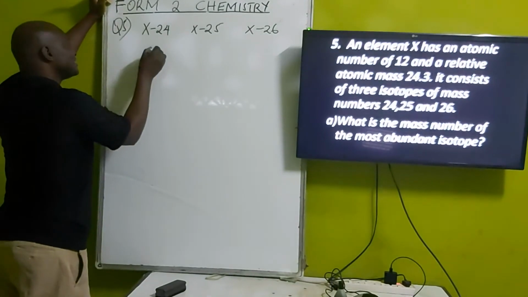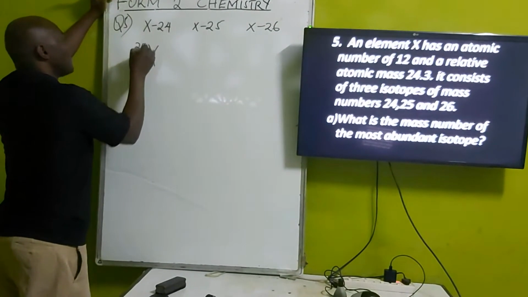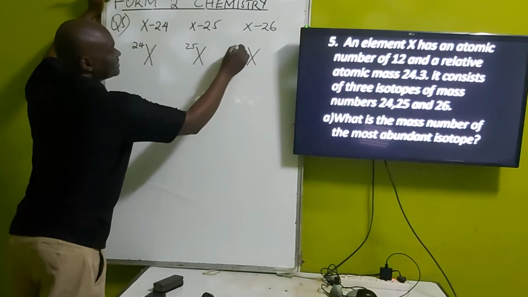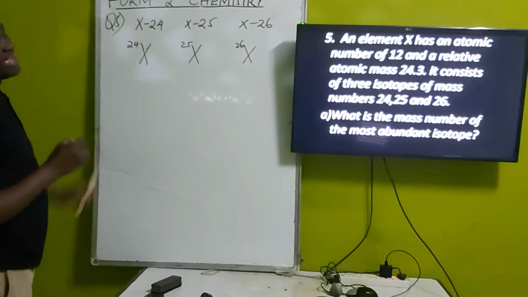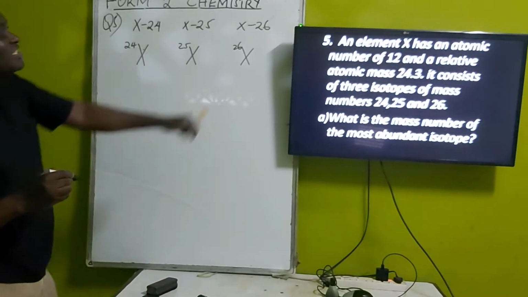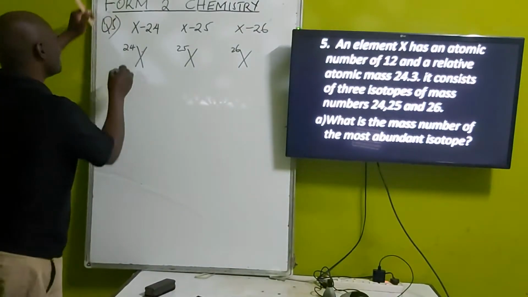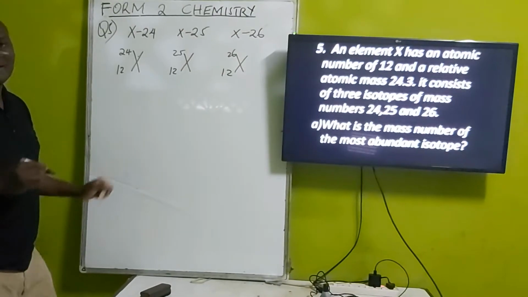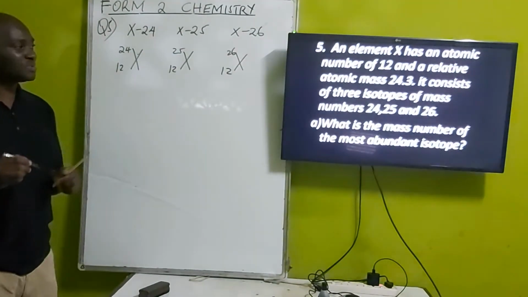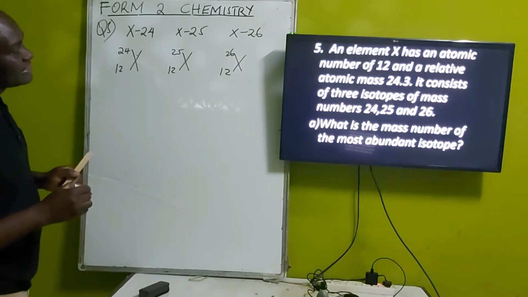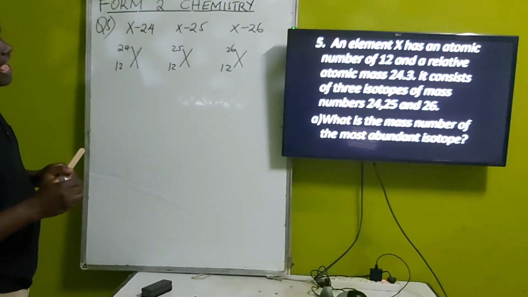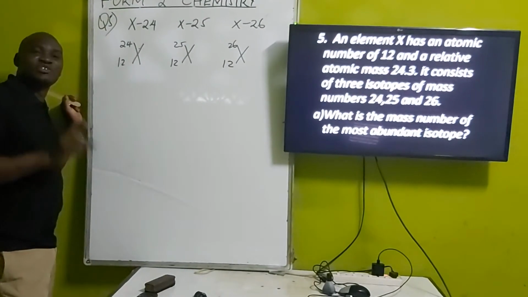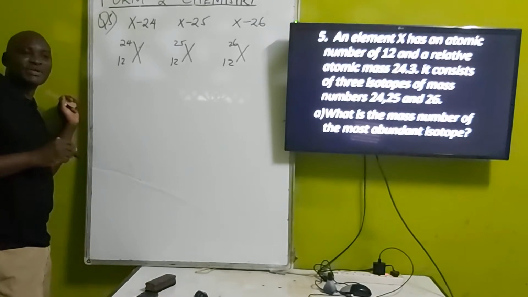Still, we can also write them as X-24, X-25, X-26. Now, an element X has an atomic number of 12. Same atomic number, different mass numbers. Those are isotopes. Then the relative atomic mass of X is 24.3.